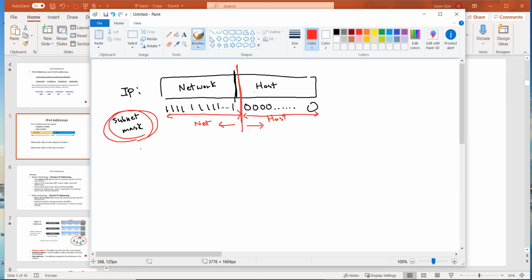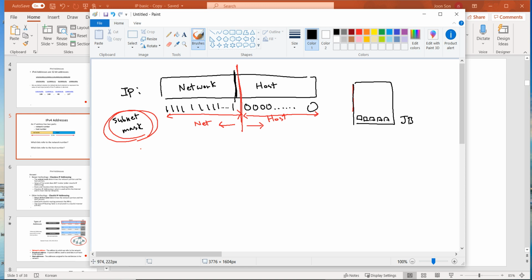Okay. And here's another good analogy for IP addresses being hierarchical. Think of a building, let's say the Jack Brown building, JB. In the Jack Brown building there are a lot of classrooms or offices.